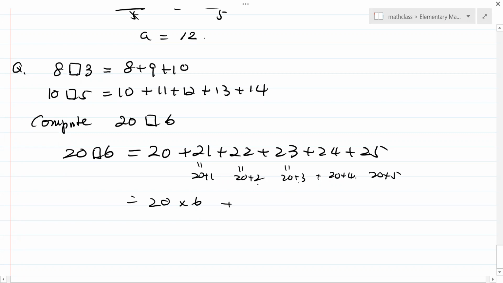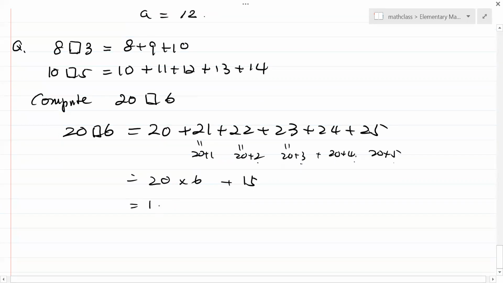Then 1 plus 2 plus 3 plus 4 plus 5, right? 1 plus 2 is 3, 3 plus 3 is 6, 6 plus 4 is 10, 10 plus 5 is 15. If we do it like this, it's much faster. 20 times 6 is 120, so 120 plus 15 is going to be 135.